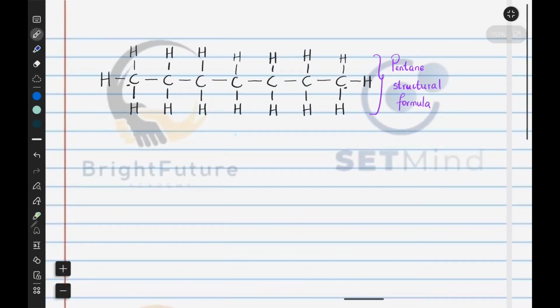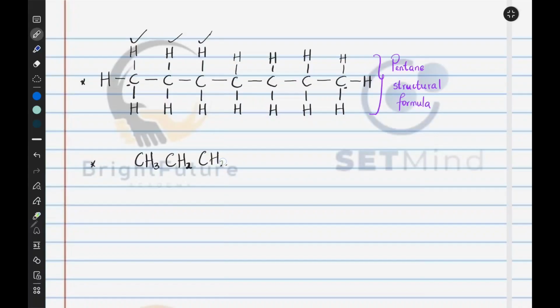Now, the condensed structural formula would be C with H3, we're done with that one. The second carbon atom has 2 hydrogen atoms. The third one also has 2.